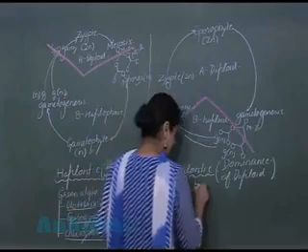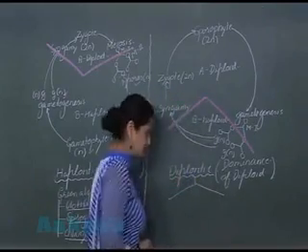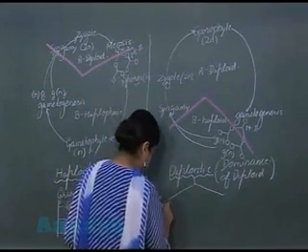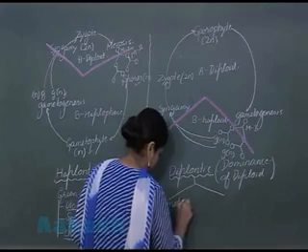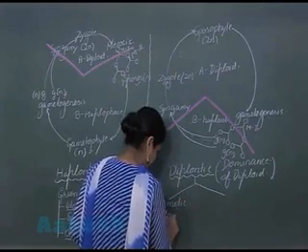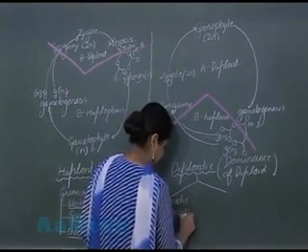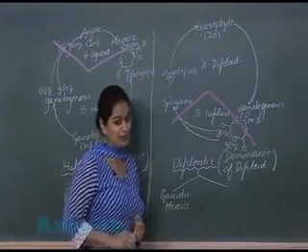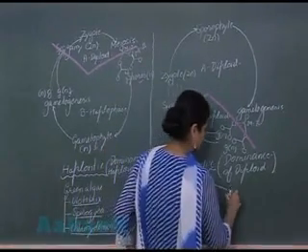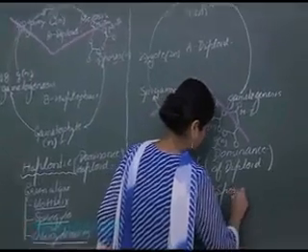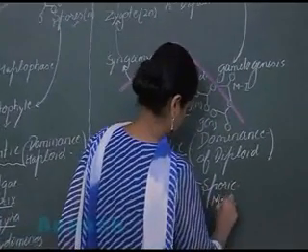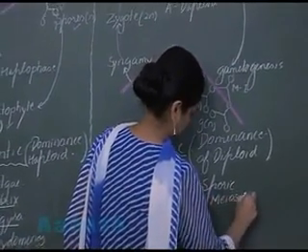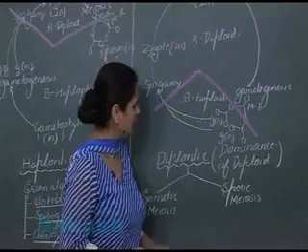in the diplontic life cycle, there can be presence of gametic meiosis. Gametic meiosis means meiosis occurs at the time of gamete formation, and there can be presence of sporic meiosis. Yes, please make this point clear here.